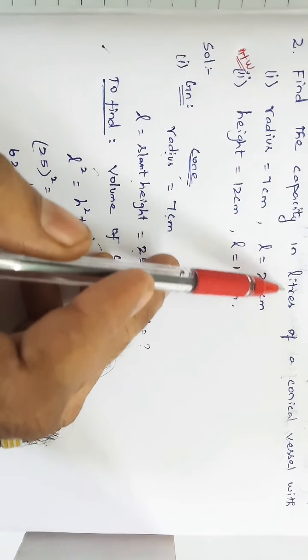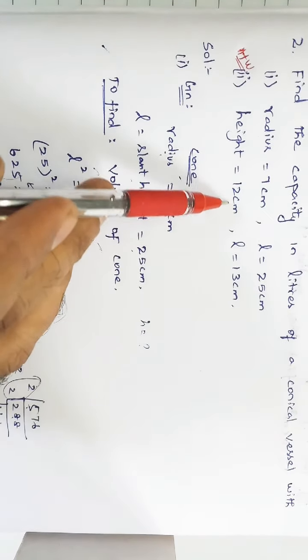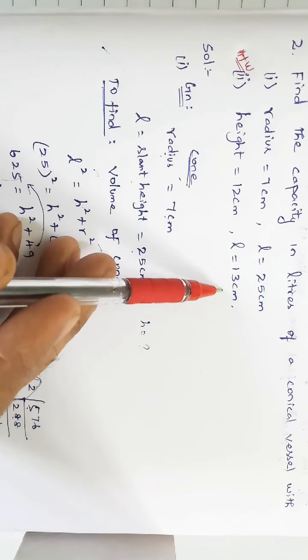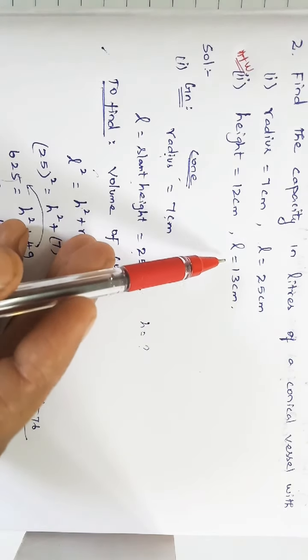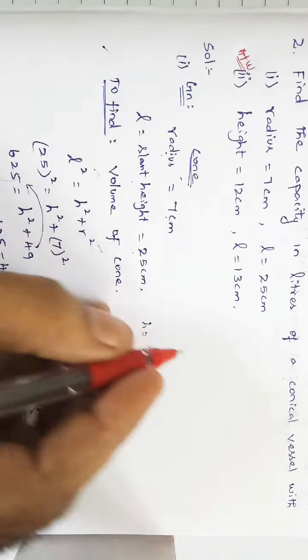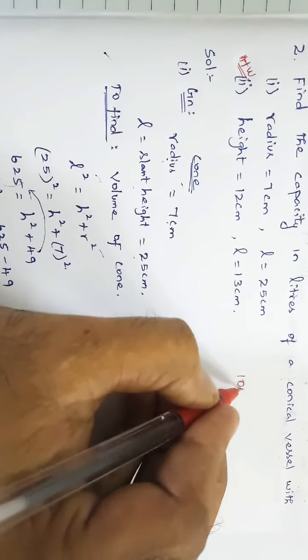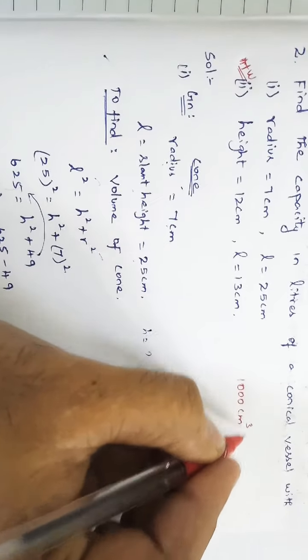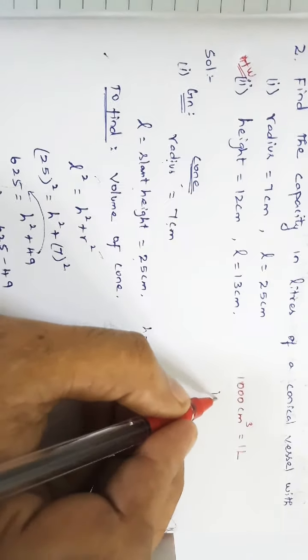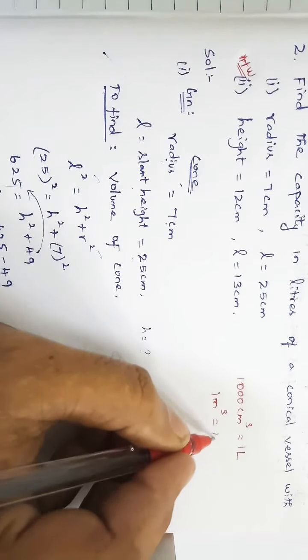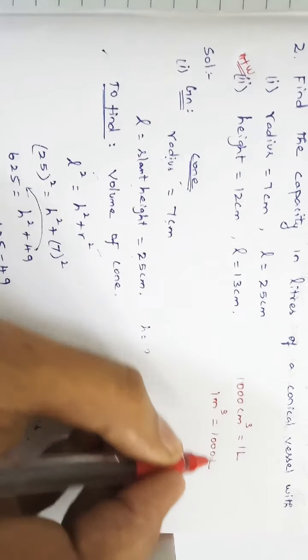Then you have to convert into liters. They have given the units in centimeters. So 1000 centimeter cube is equal to 1 liter, don't forget this. And 1 meter cube is equal to 1000 liters. That's very important, right?